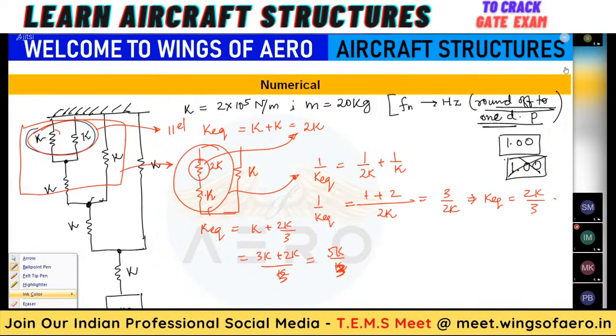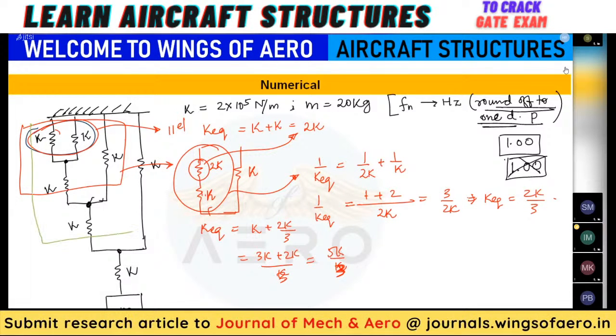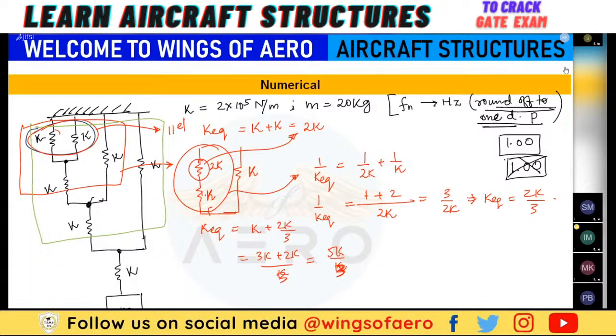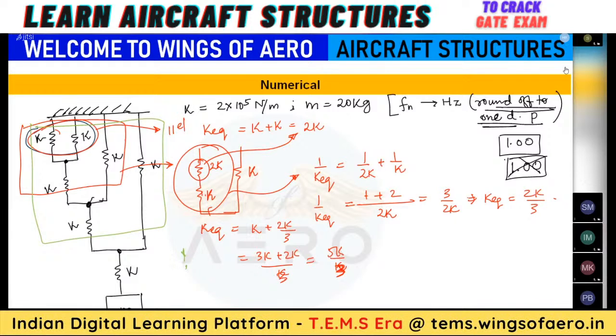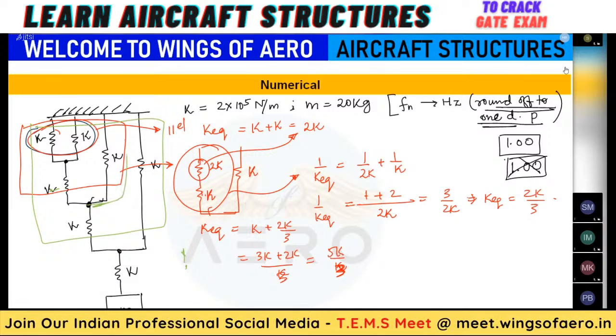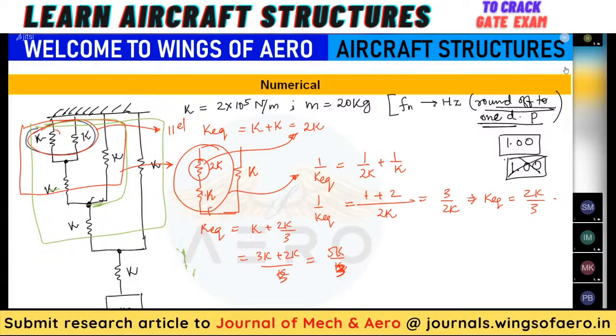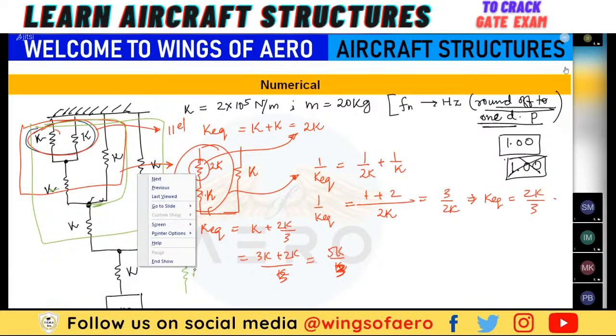Next, you have to move to the next phase, that is this part. How to find the next phase? If you draw that and simplify, already you have found till here. This one is known. So this one is 5K by 3.